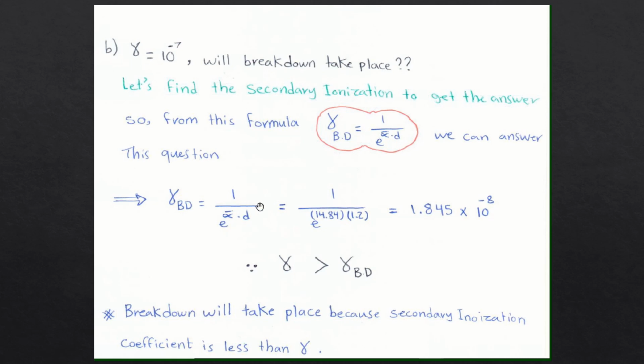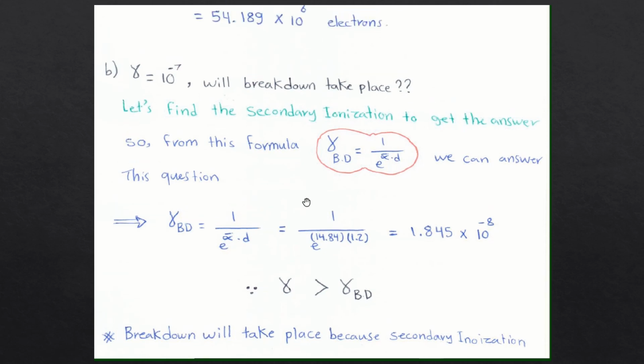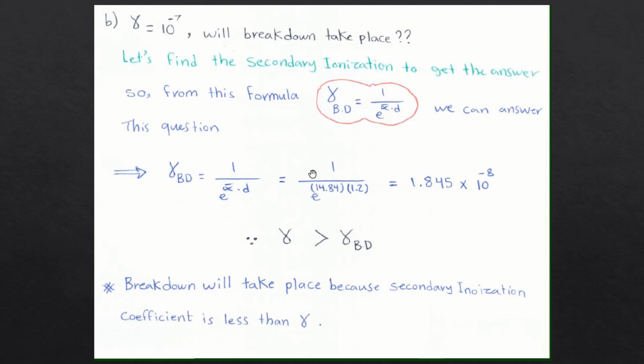So only we need to substitute the values in this formula, and immediately we can get the answer. By substituting, it will be 1 divided by e to the power 14.84 times 1.2. If you use your calculator, you will get the answer as 1.845 times 10 to the power minus 7.